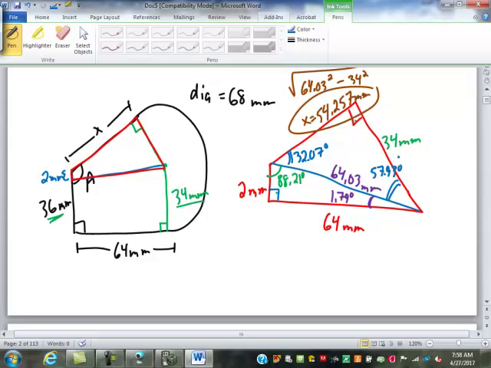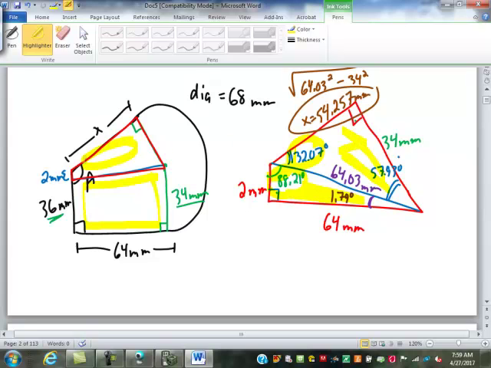Now I have angle A is just these two angles added together. So it's going to be 120.28 degrees. And I can find areas because I have a rectangle here. I have a right triangle here and another right triangle there.